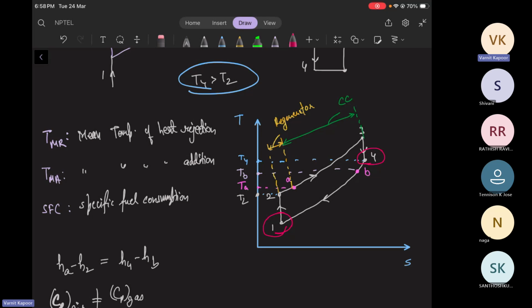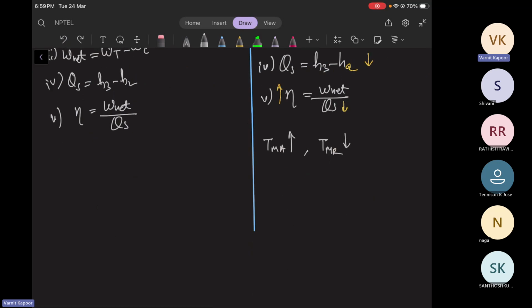But now you are using that exhaust heat to first go to the regenerator, to increase the temperature of the output of the compressor, and for the remaining part from B to 1 you use the coolant, to the ambient, to take out the heat for the heat rejection. So eventually your heat rejection has also reduced.